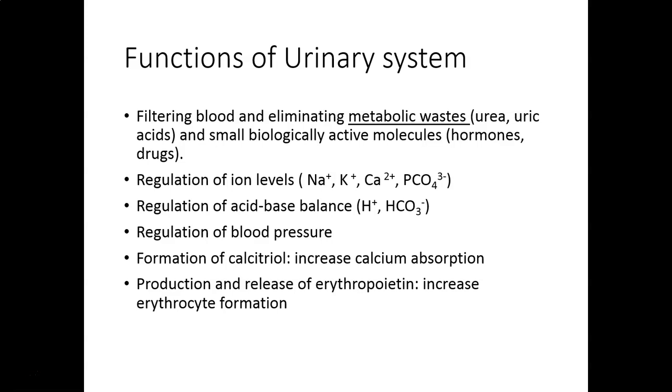But for the urinary system, the kidney filters blood to get rid of the metabolic wastes. So yes, they both filter blood, but what they try to get out of the blood is different.